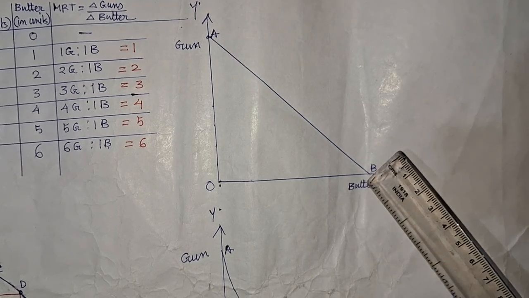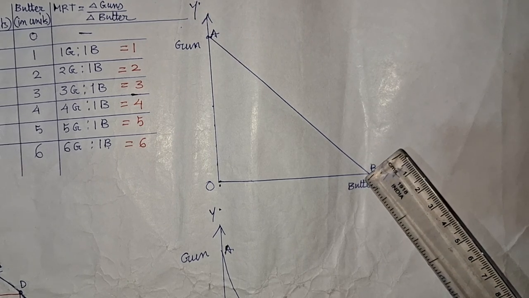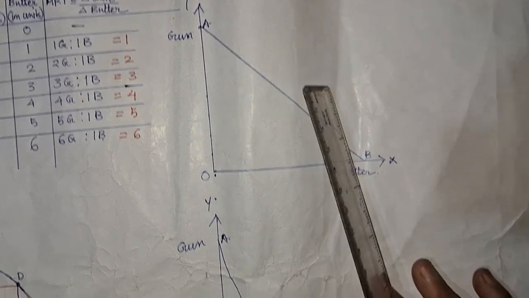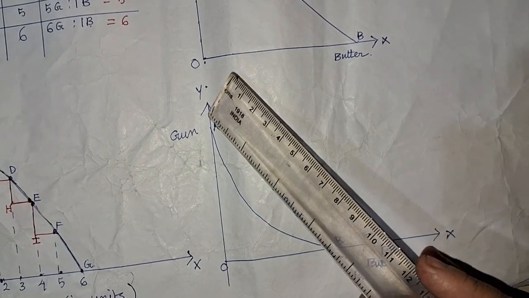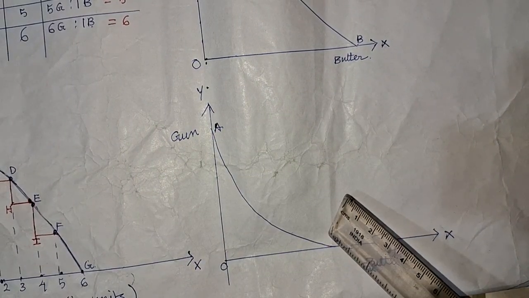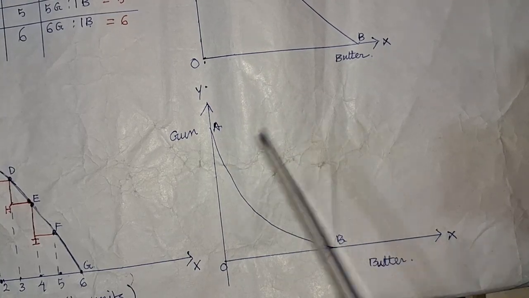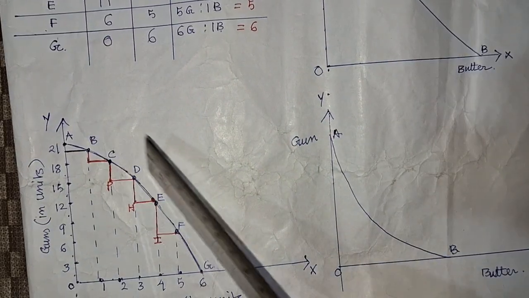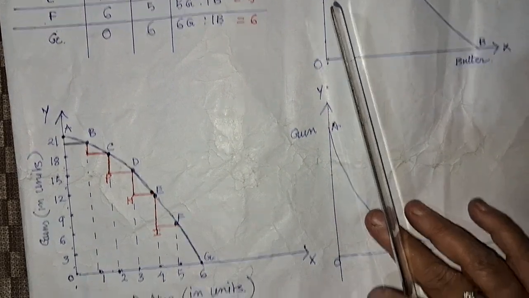Then we have to assume that all the factors of production have the same efficiency in production of all the goods, but that is not possible. In the same way, a PPF convex to the origin is also not possible. The only possibility is that the PPF is concave.